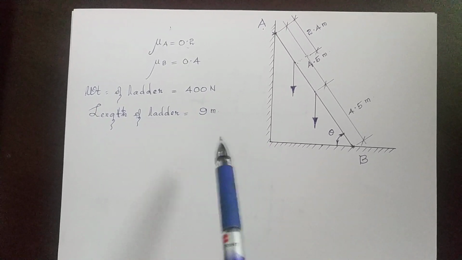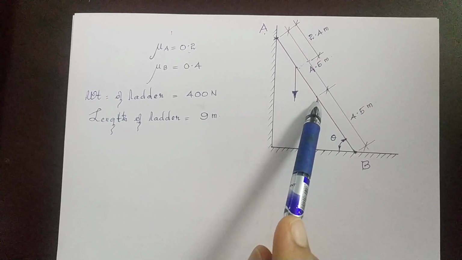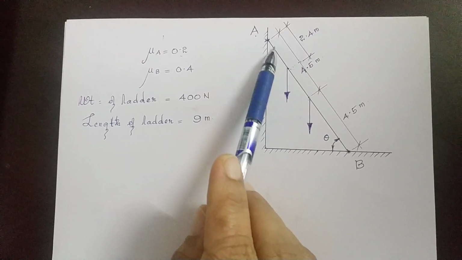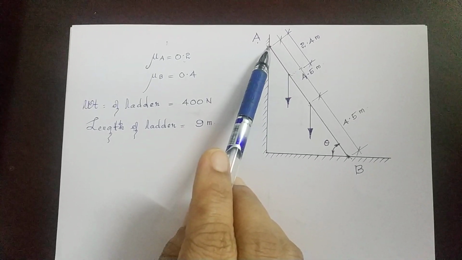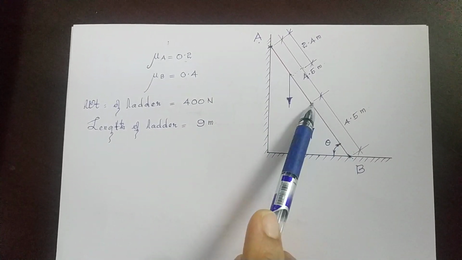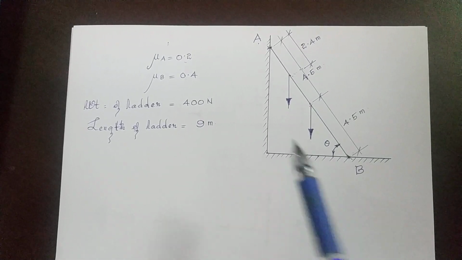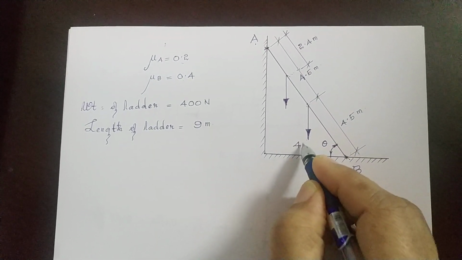The weight of the ladder is 400 Newton. The weight is acting at the centroid of the length. The ladder is 9 meter long, and at 4.5 meter, the self weight is acting downwards 400 Newton.